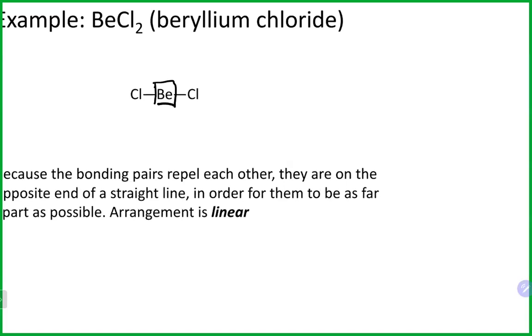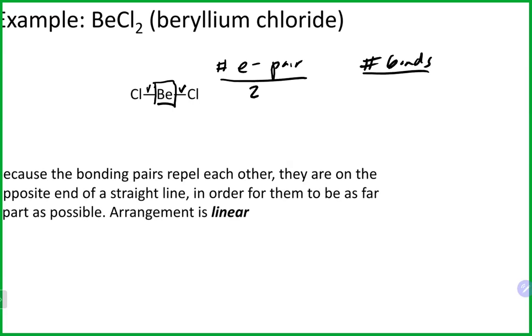There are two things you want to figure out: the number of electron pairs, and also the number of bonds. In this particular case, we have one electron pair there and one electron pair there. That is two electron pairs.